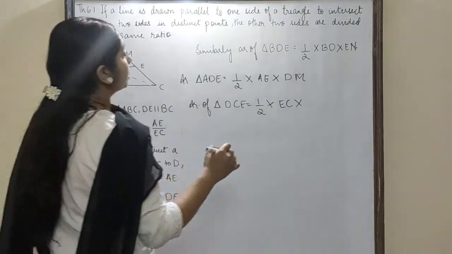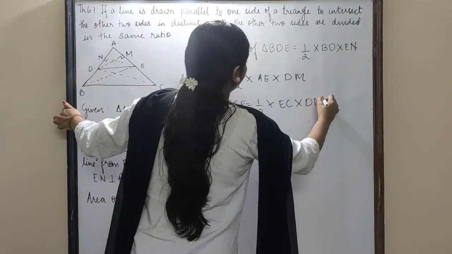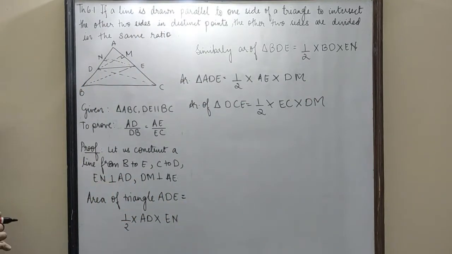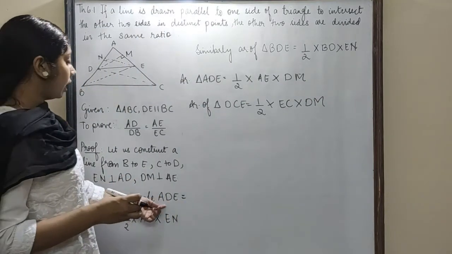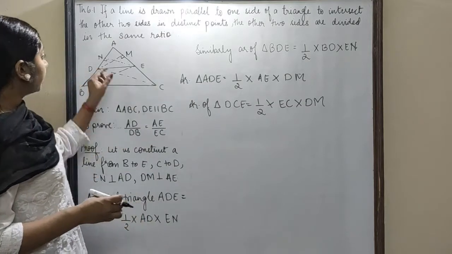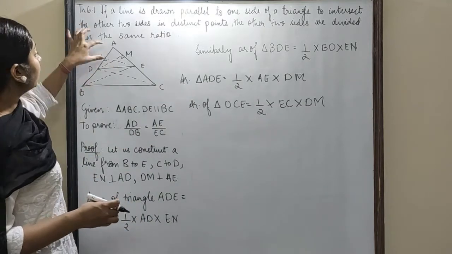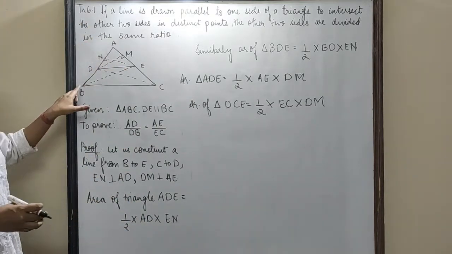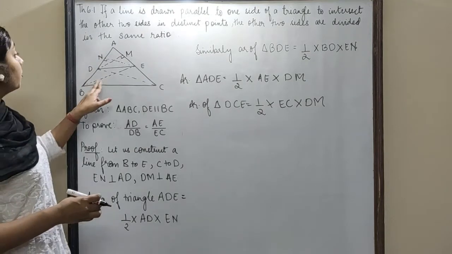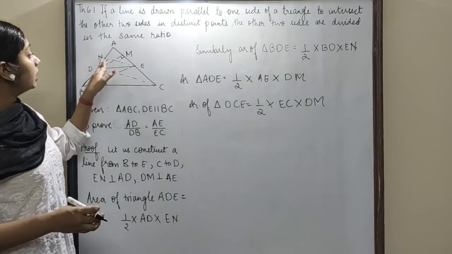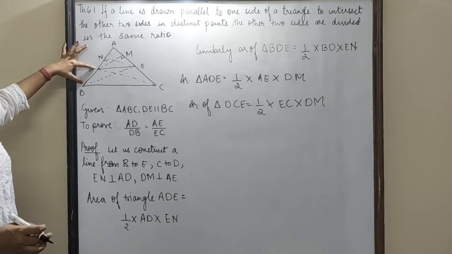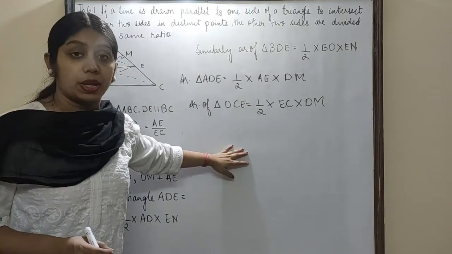Height is DM. Right? This much is clear. We have found area of triangle ADE in two different ways by taking two perpendiculars. Firstly EN and secondly DM, and then we have taken triangle BDE and triangle DEC, having BD and EC as the base. Is that clear?